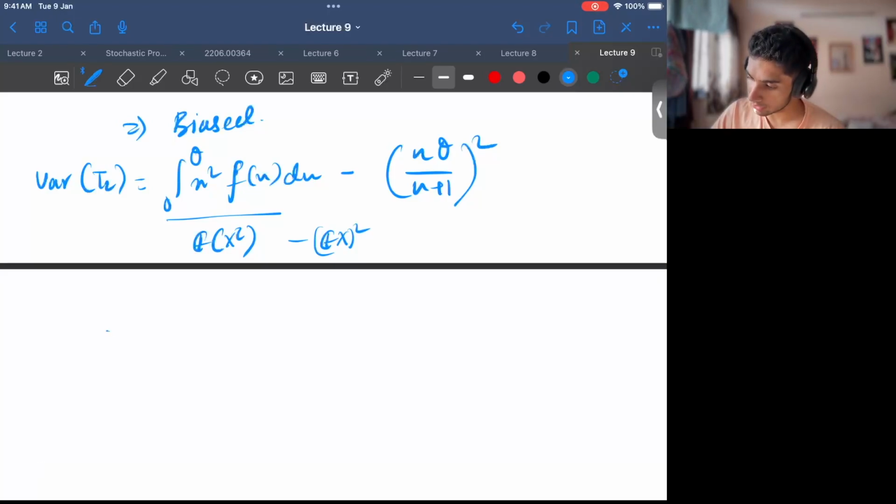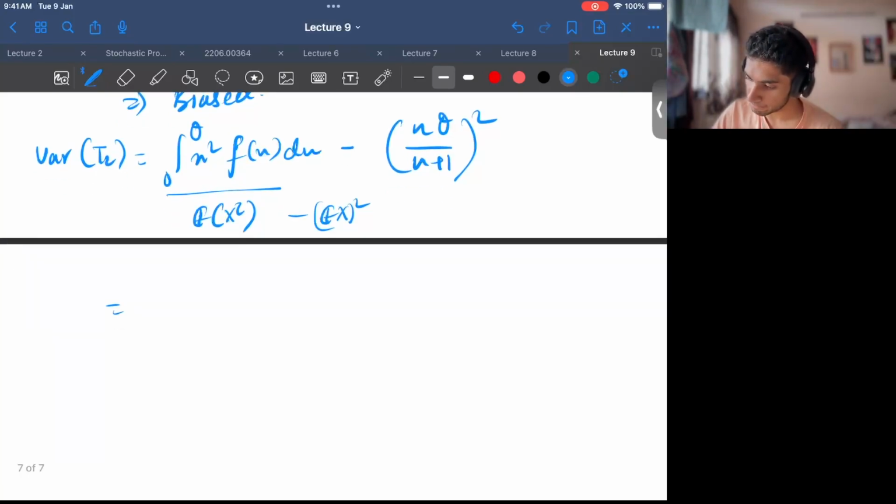What will this thing become? This thing will simply become integral 0 to theta x square. F of x, we just calculated it, right?